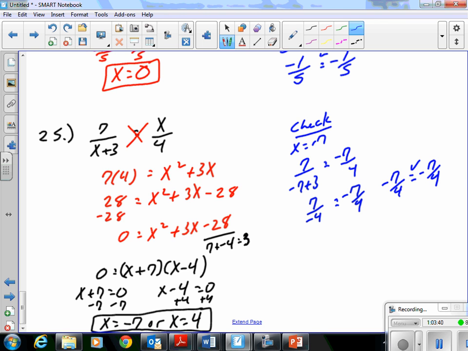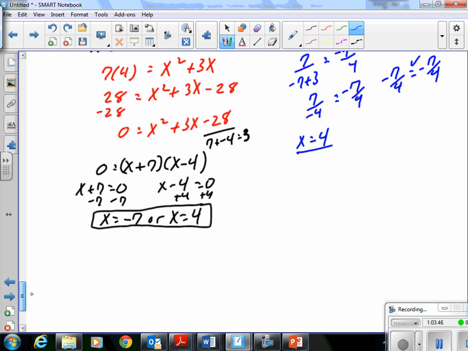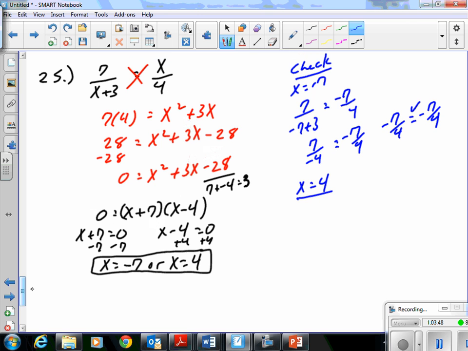Then if we do x equals 4, plug it in for the x's, and we're going to have 7 over 4 plus 3 equals 4 over 4.